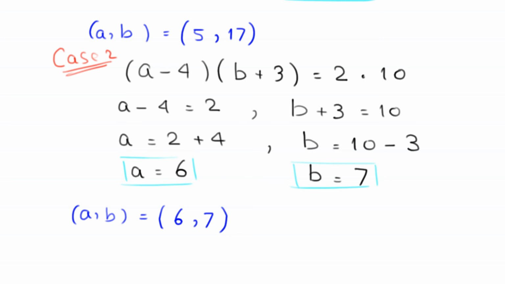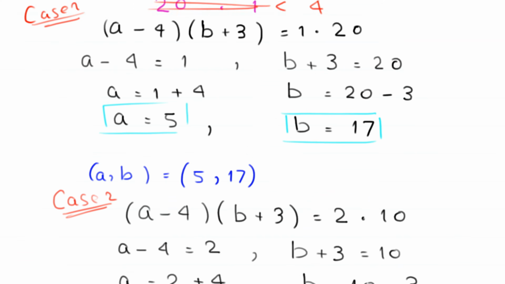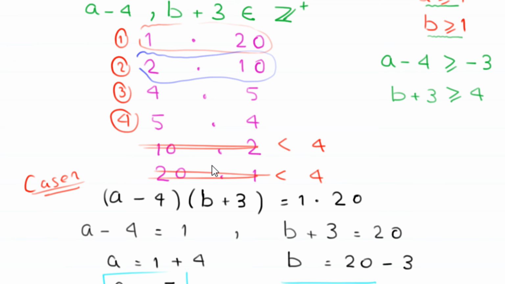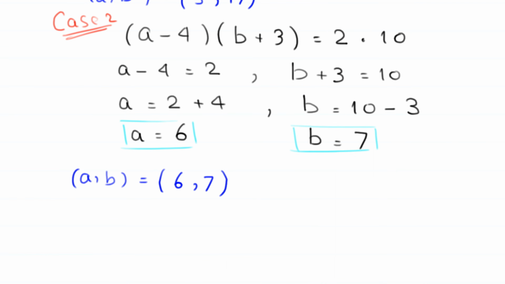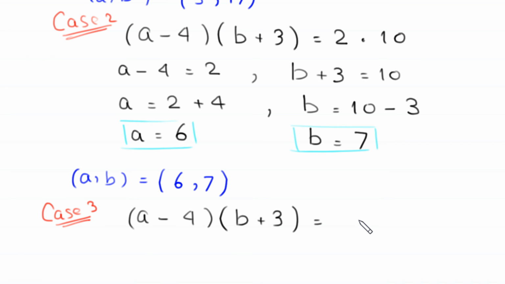Now we solve the third case. In case number 3 we have 4 times 5. In case number 3, we write these factors (a minus 4) times (b plus 3) equal to 4 times 5.